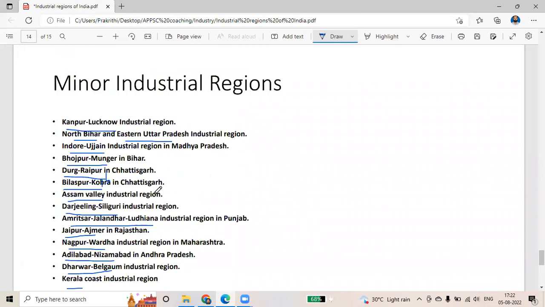These are some of the minor industrial regions you can see in India.